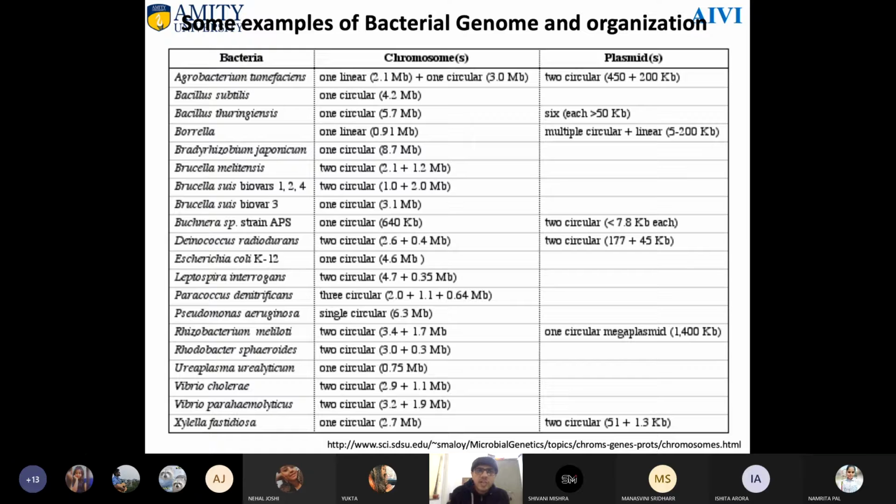Agrobacterium tumefaciens has both linear and circular DNA. And in terms of copies, there is not always a single copy; sometimes there are multiple copies, so diploidy also exists in bacteria. Brucella has 2 circular DNA, and Paracoccus has 3 circular DNA.